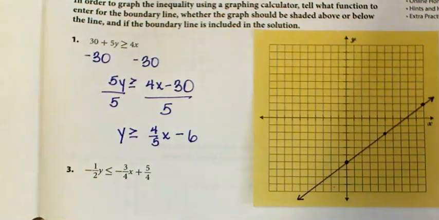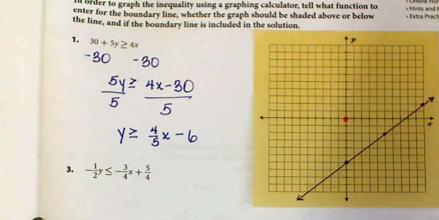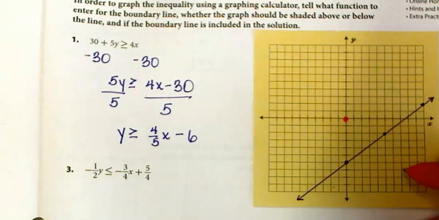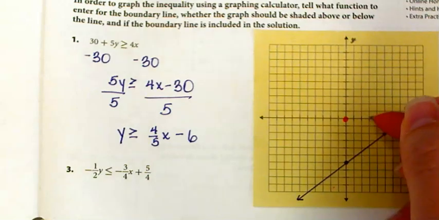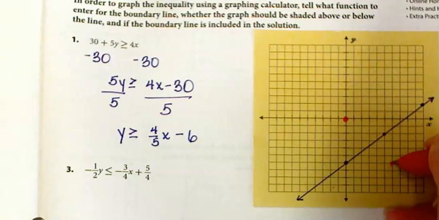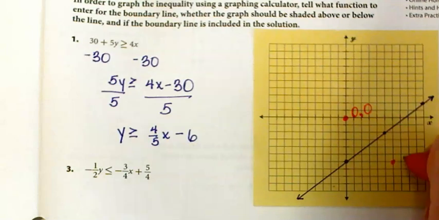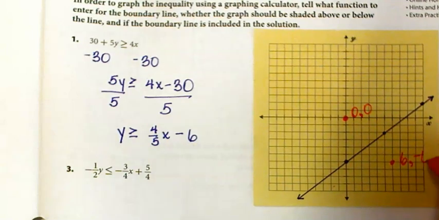All right, so I have my line, but this is an inequality, so I need to figure out which side I need to shade. So I'm going to decide on a couple of test points. I like 0, 0 because that makes my life easy. And let's see, 6, -6.